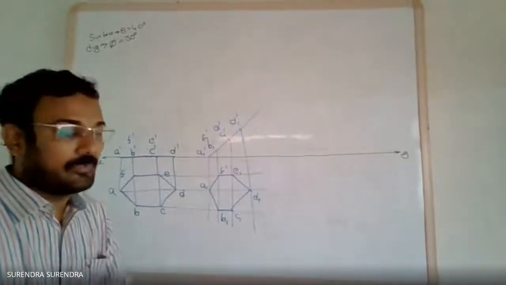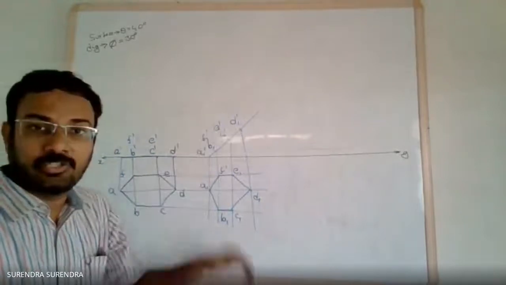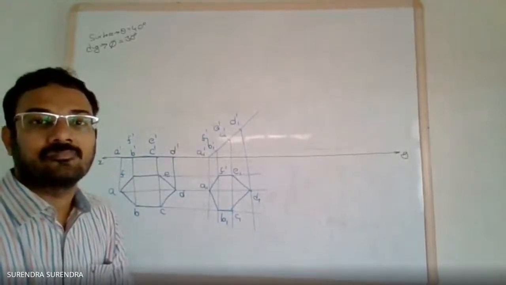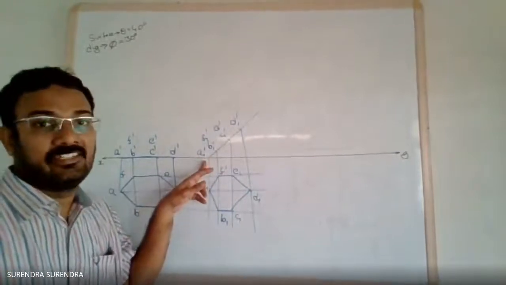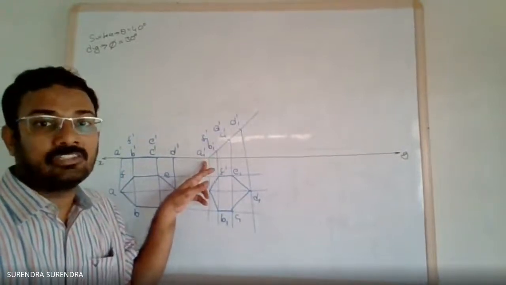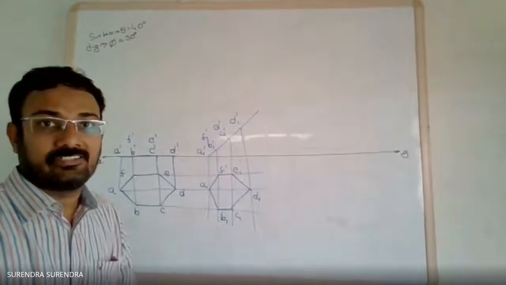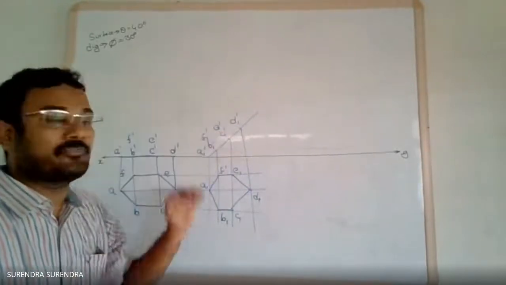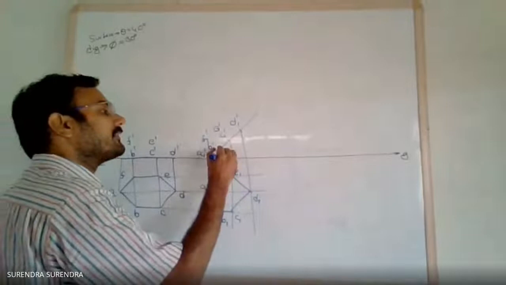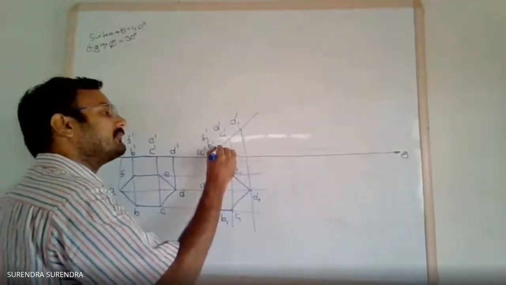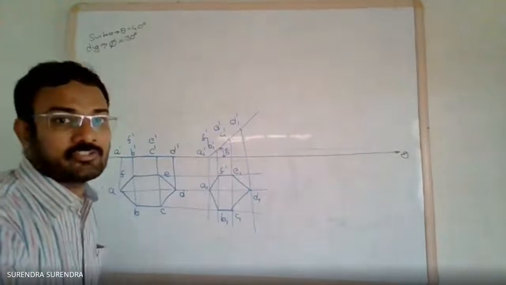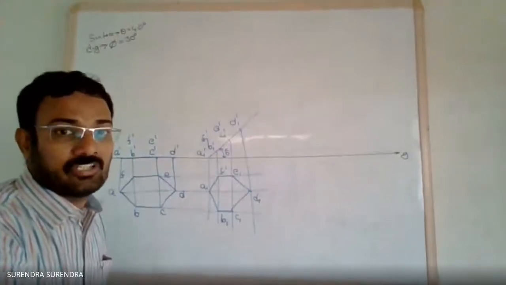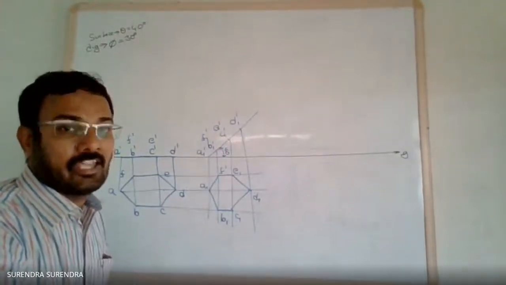Second part of the problem. So when the surface is inclined to the horizontal plane with a corner A on the XY line, the condition is that the surface is inclined at 40 degrees to the XY line, meaning in front view the surface is inclined at 40 degrees to HP with a corner on HP.